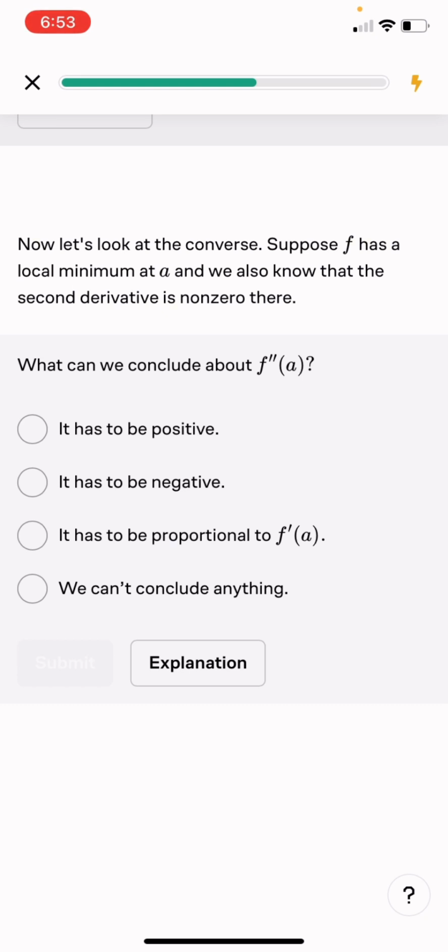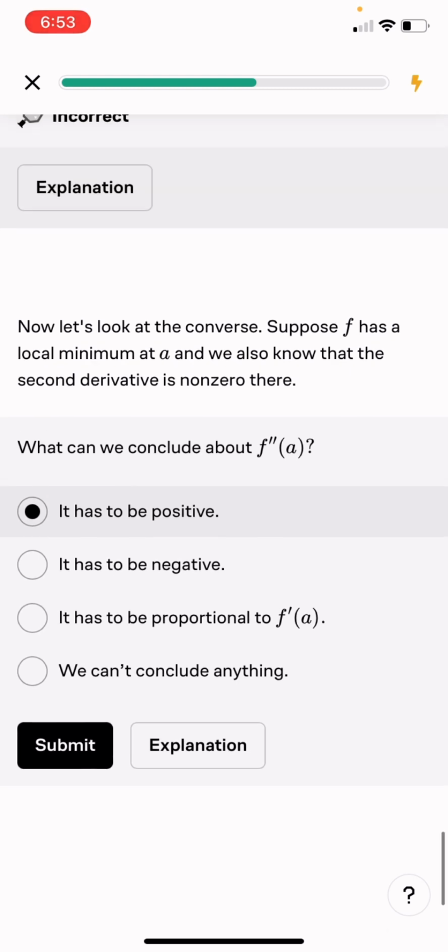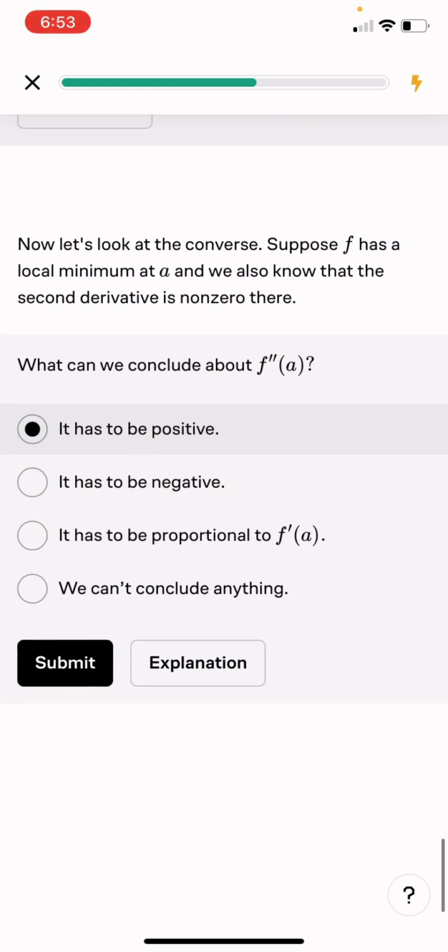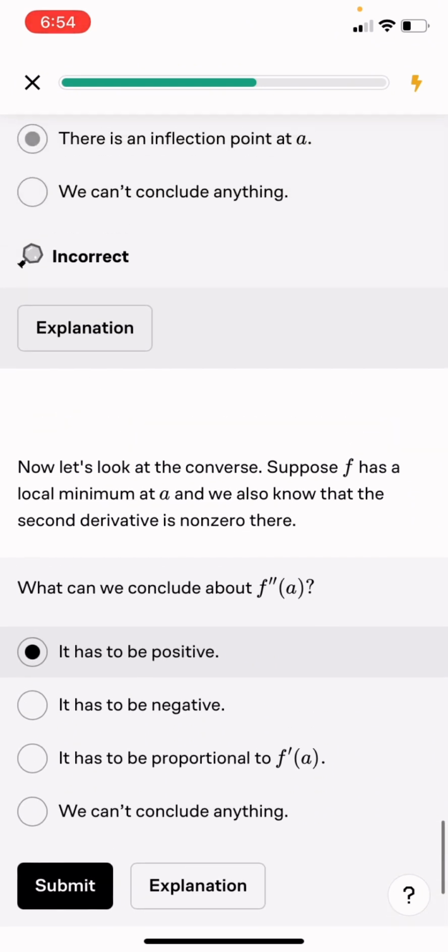It's non-zero, and I feel like it has to be positive, as we can see here in this example. F prime prime a is more than 0. If it's going to have a local minimum, that is; if it has a local maximum, it's going to be the opposite.